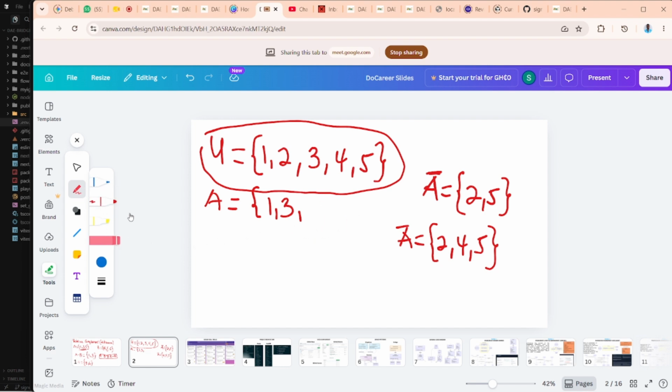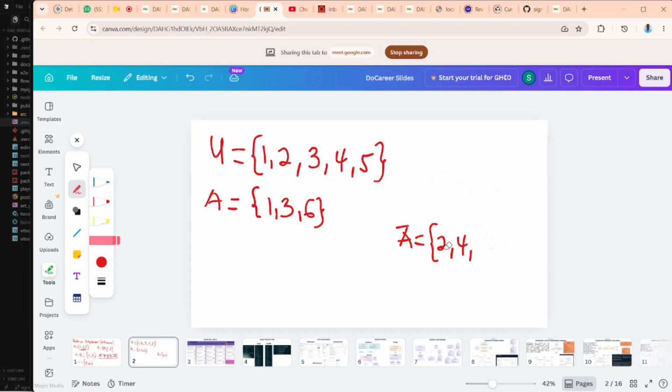I wanted to set the base that first you need to look at the universal set and make sure that every set is formed out of the universal set. Anything beyond that is actually incorrect. So the 6 is not supposed to be here. It was supposed to be 5.